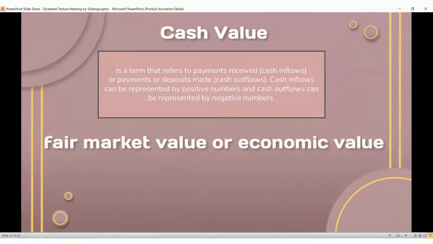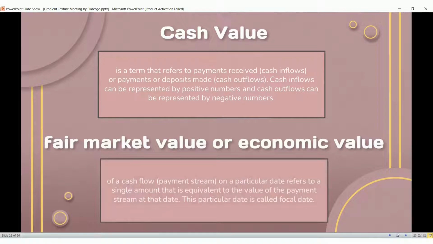So we also have here a fair market value or economic value of a cash flow or payment stream on a particular date refers to a single amount that is equivalent to the value of the payment stream at that date. This particular date is called focal date.